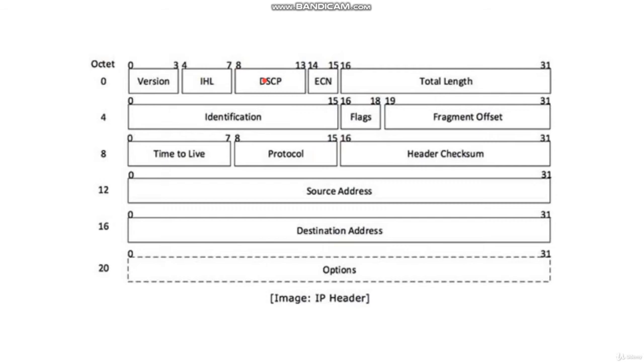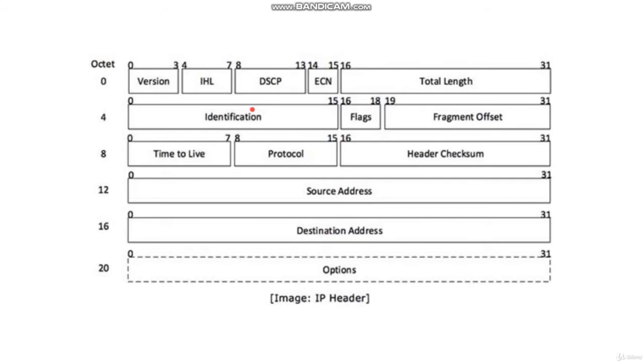DSCP, that is differentiated services code point, is the type of service the IP header is going to use. ECN is explicit congestion notification, which means it carries information about the congestion seen in the route. The total length describes the length of the entire IP packet including the IP header and IP payload. IHL is used for the IP header, whereas total length includes the IHL value plus the length of the data.